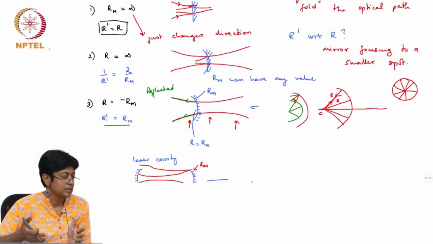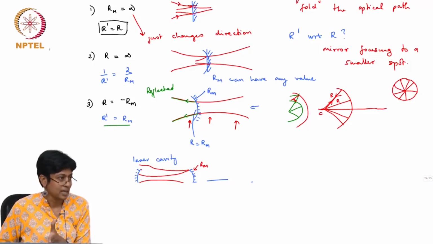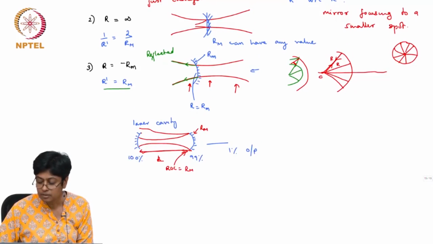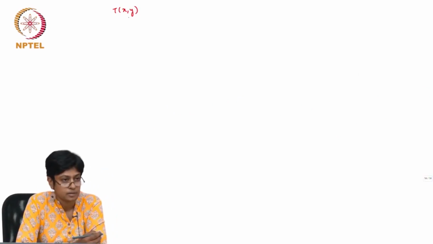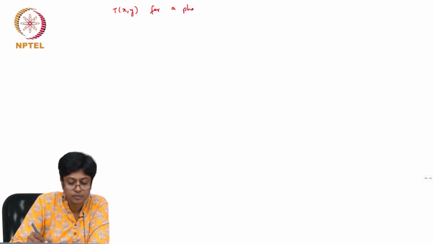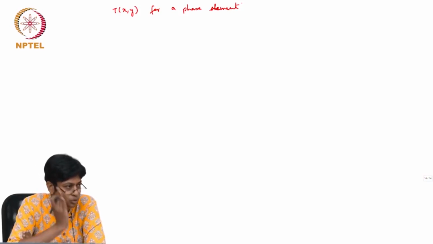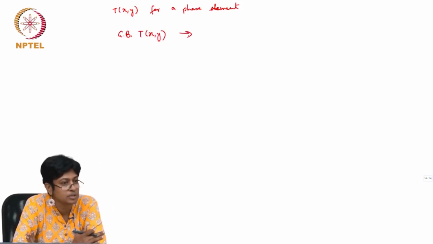You now understand that if a Gaussian beam or any beam passes through a phase element, and you have a description, so if you have t of xy for a phase element, an equation that tells you how the phase varies across the lateral distribution of this element, then you just need to have the Gaussian beam incident on this t of xy, and the new phase will tell you how the beam has been altered or affected by this element.